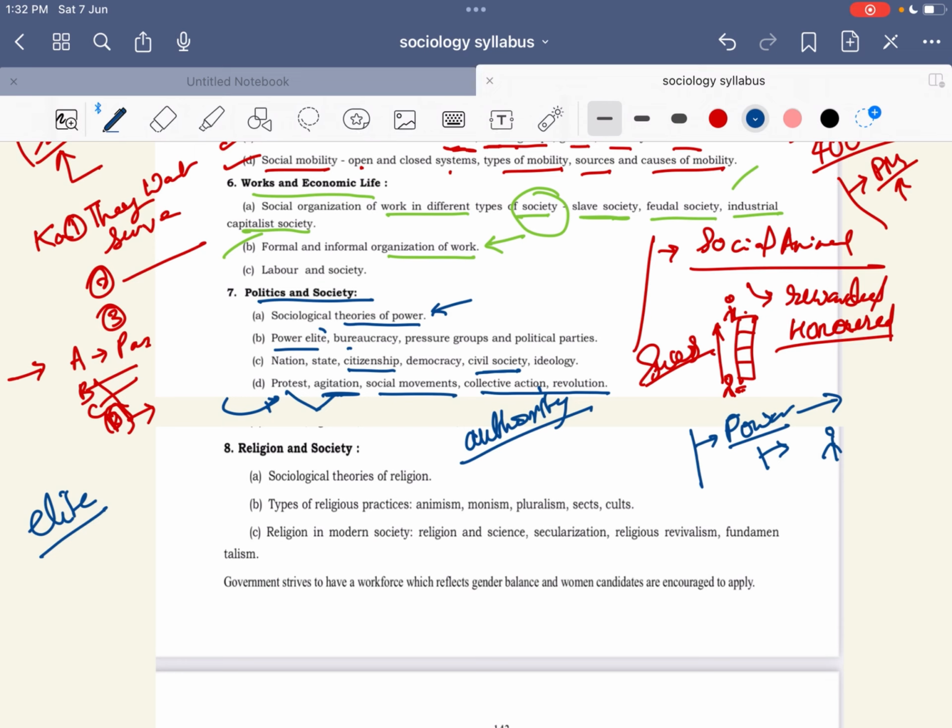Understand what I'm telling? So you have to link your static portion with the dynamic from current affairs. Whatever you are studying in your syllabus, you have to link it with the current affairs.